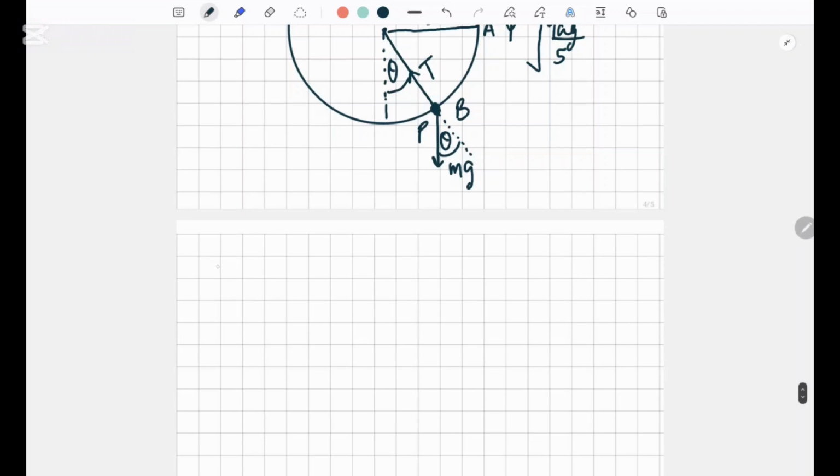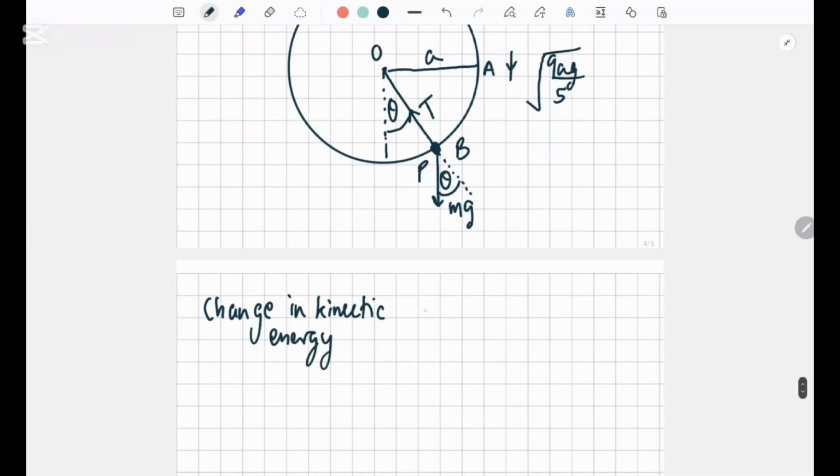So we have the change in kinetic energy. We've got to use the formula for conservation of energy: change in kinetic energy plus or minus the potential energy. It's plus if it's going up, minus if it's going down.